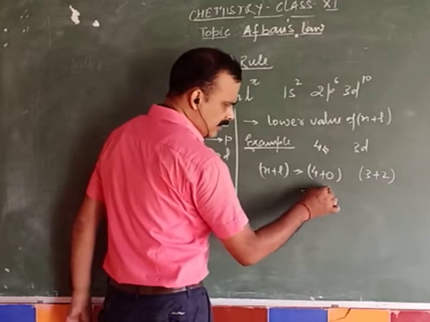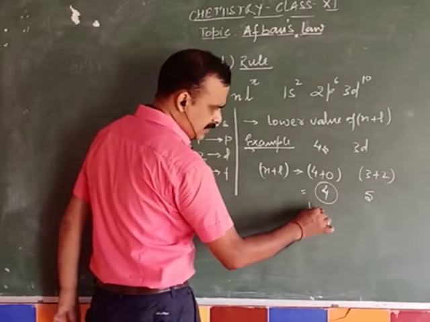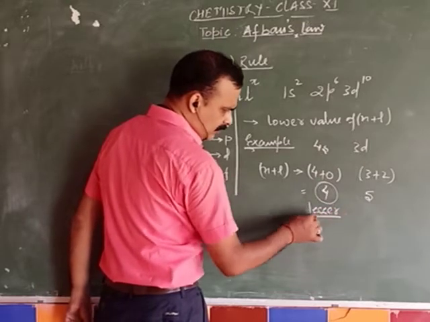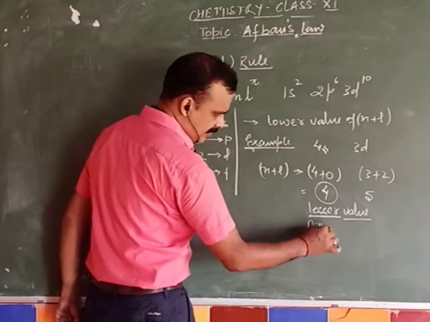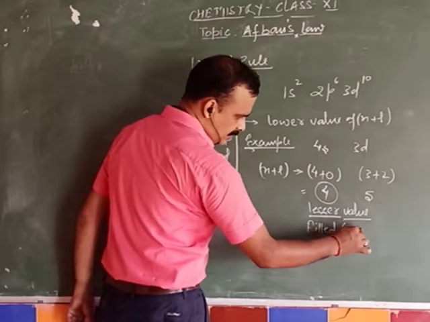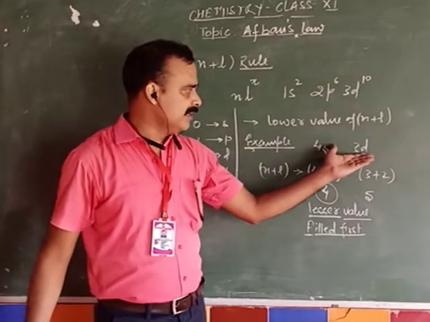The answer is very clear: it is 4 and it is 5. Definitely this is the lesser value, and due to the lesser value of n plus l, it will be filled first.